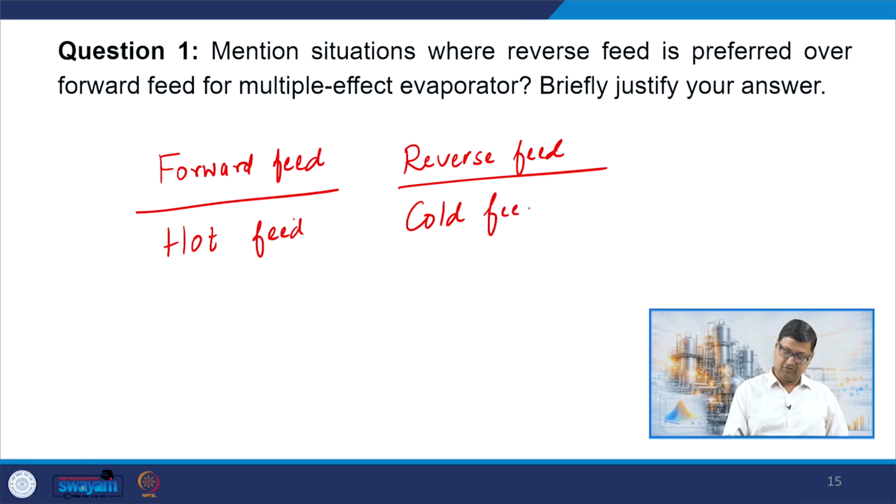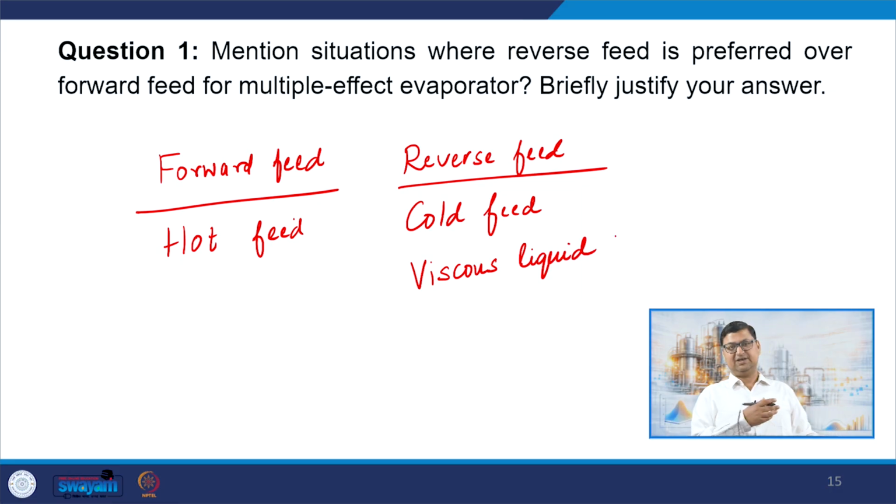When we have cold feed, this is definitely the case. Since the feed is entering the colder effect, the reverse feed is better in that case. But it is also true that if you have viscous feed or viscous liquid, the viscous liquid is leaving the hotter effect.